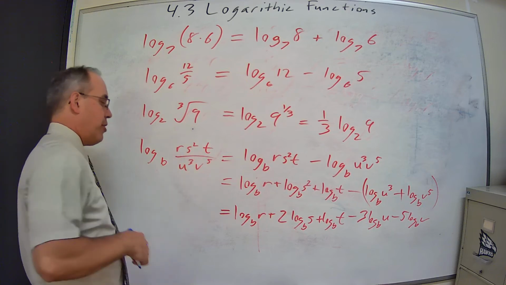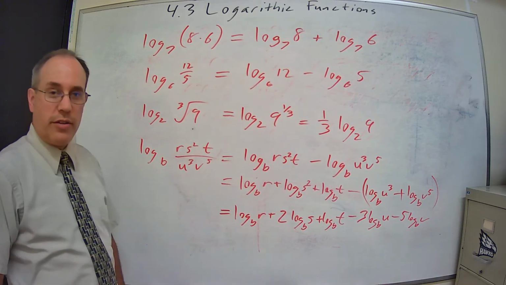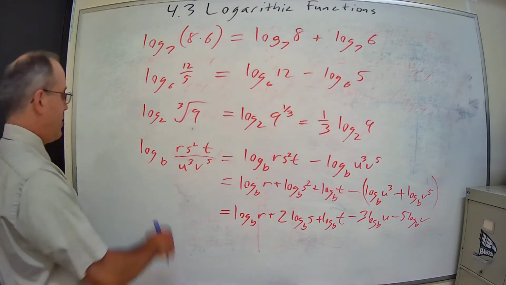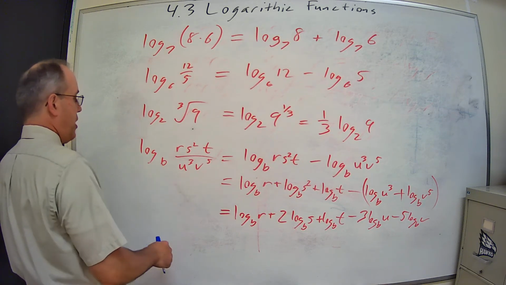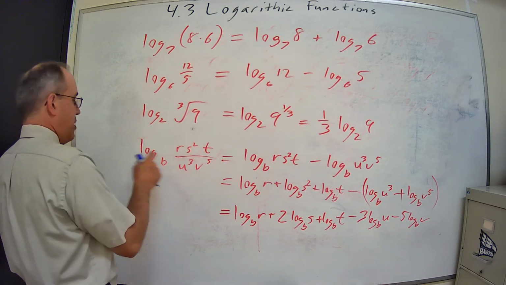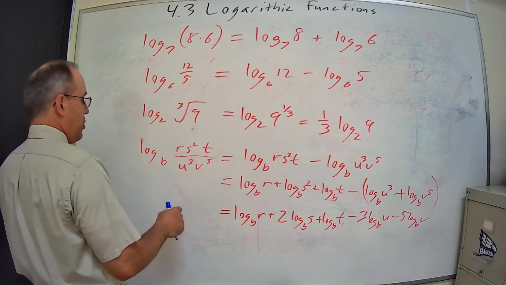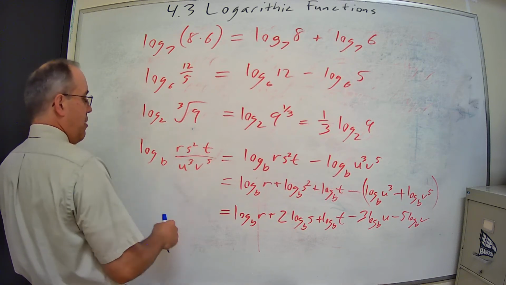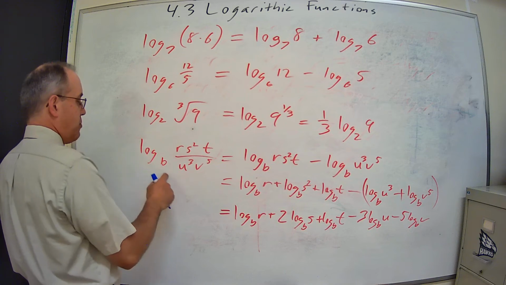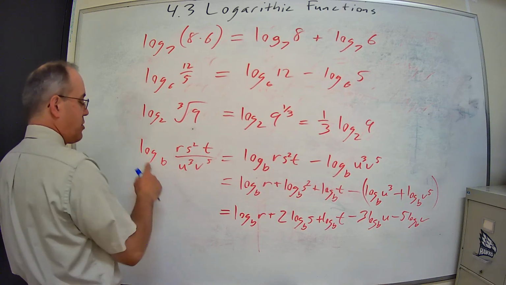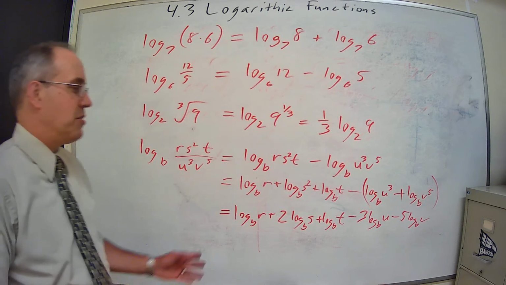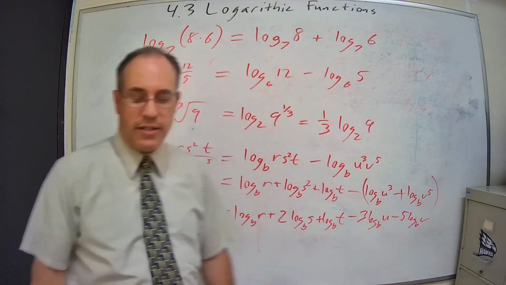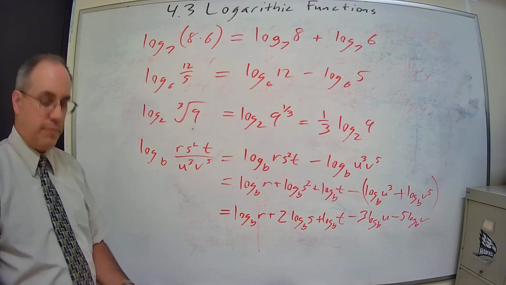If we have a power, it's going to come out front. So we can just read this as log base b of r plus 2 times the log base b of s plus log base b of t minus 3 times log base b of u minus 5 times the log base b of v. You see, we can just pull it all out of that one setup there.